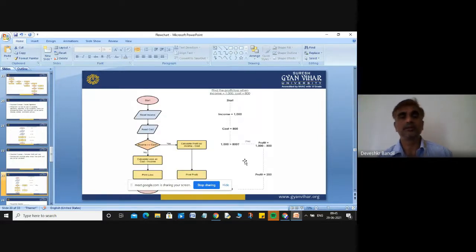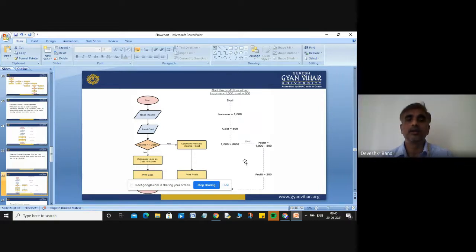You can see, first of all you will start. After that you will read the income, and you read the cost, and you will make the decision. Income equal to cost? Okay, if your income is greater than the cost, you will calculate the profit.